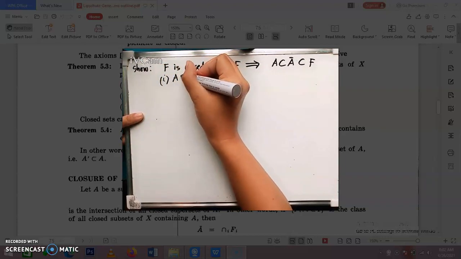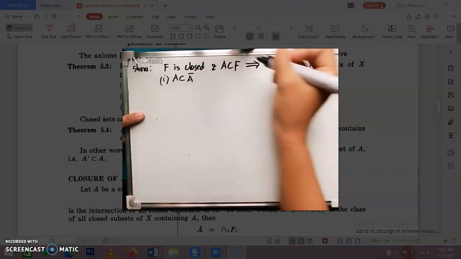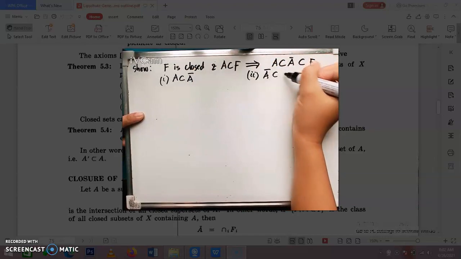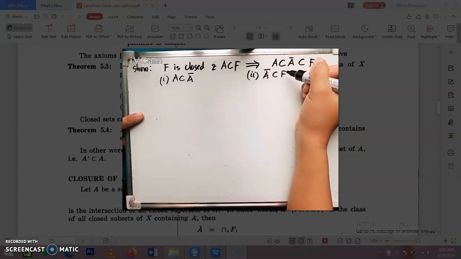We have A is a subset of its closure, and the second one is the closure of A is a subset of a closed set F containing A.